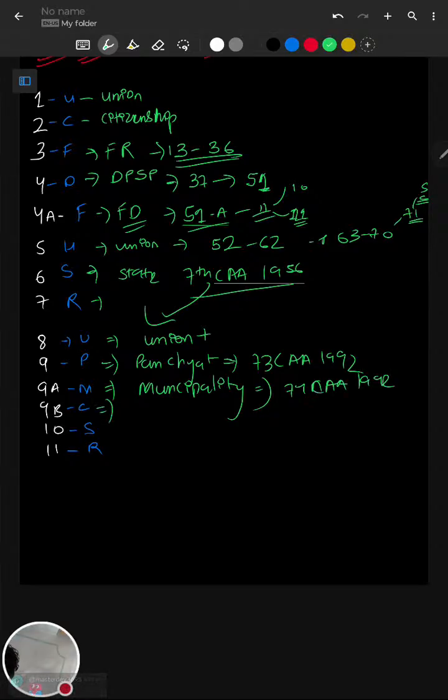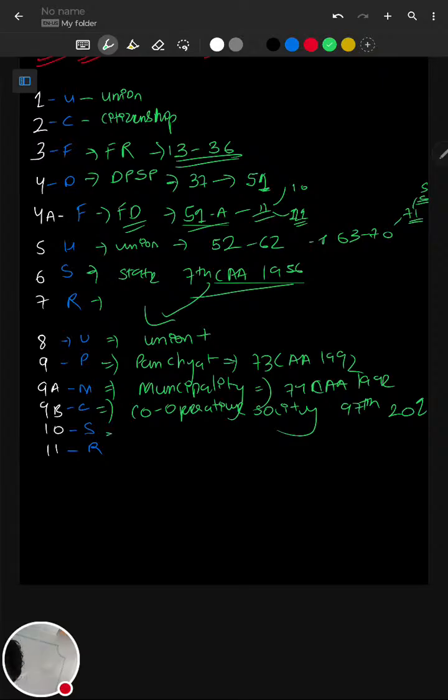Then there is cooperative society. Cooperative society was added in the 97th Constitutional Amendment Act of 2011.